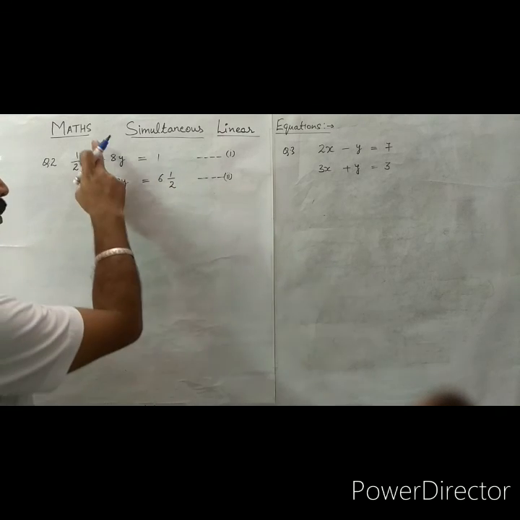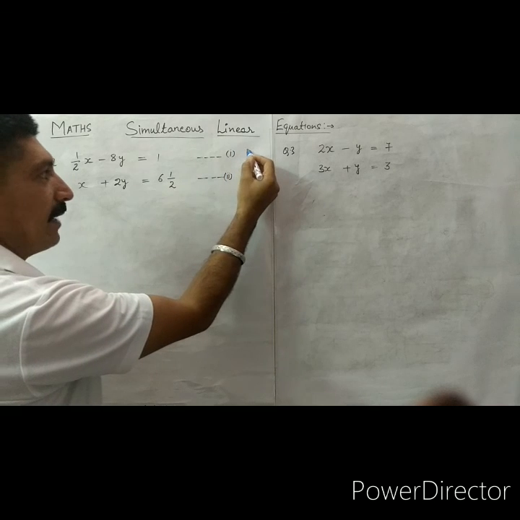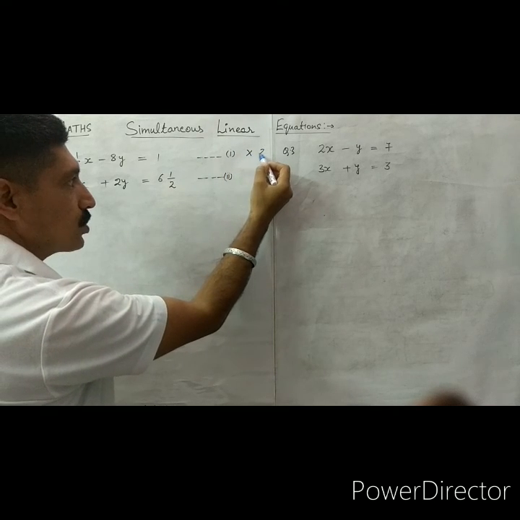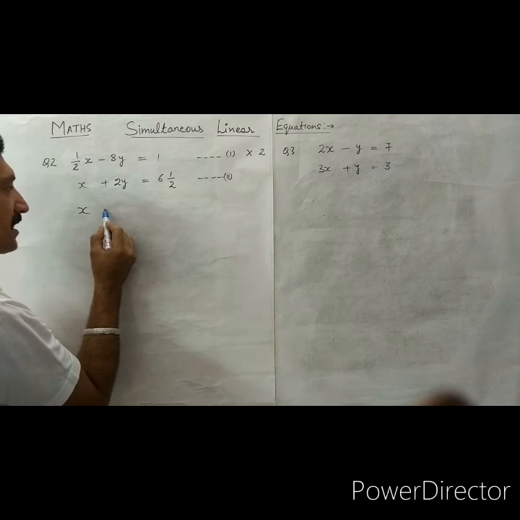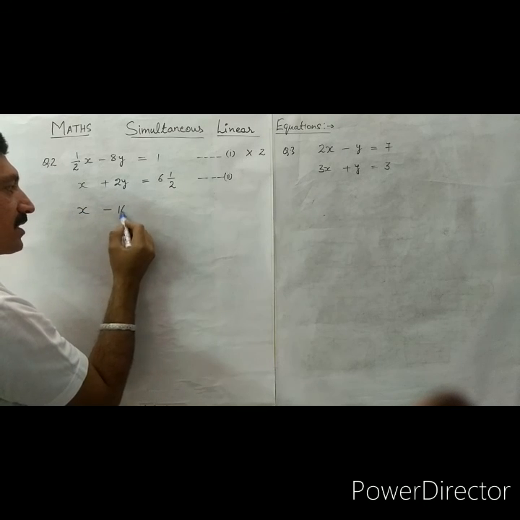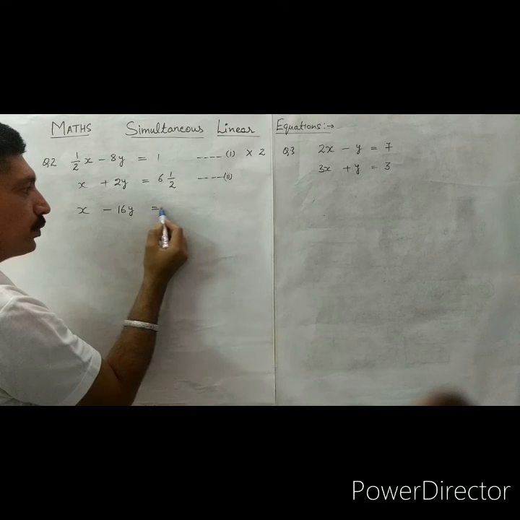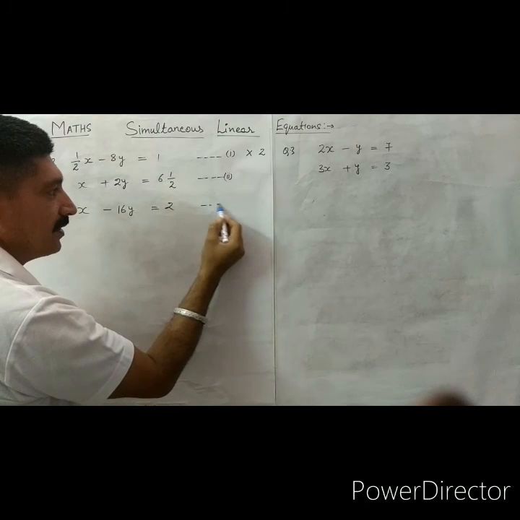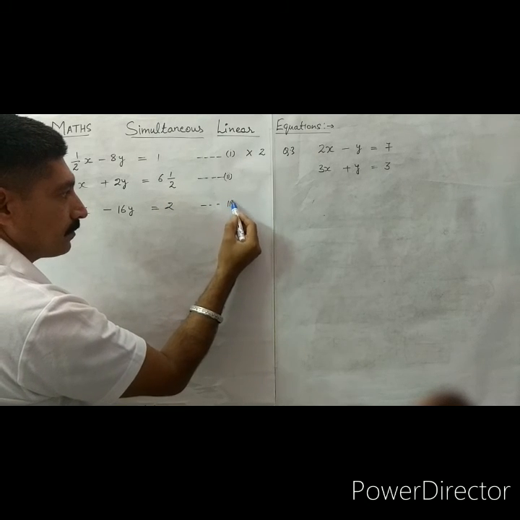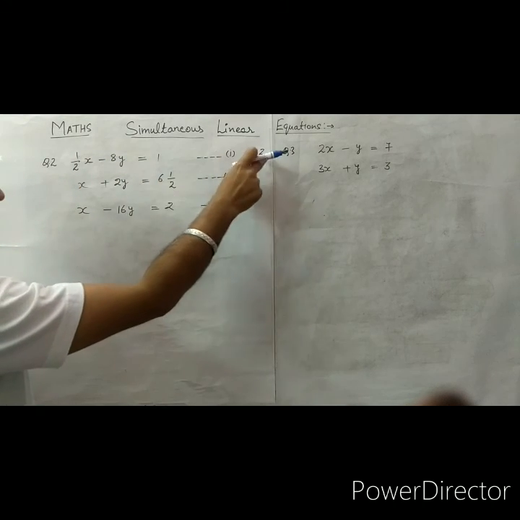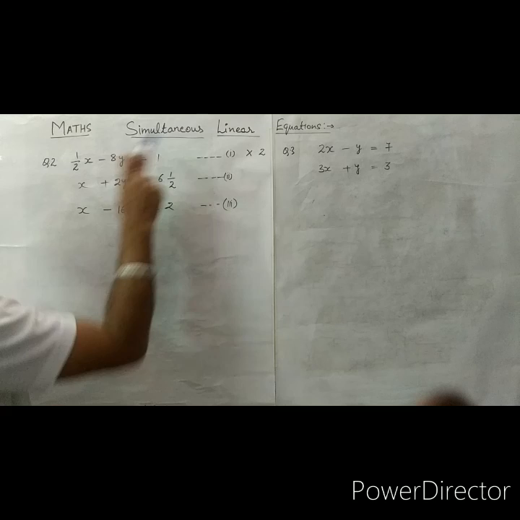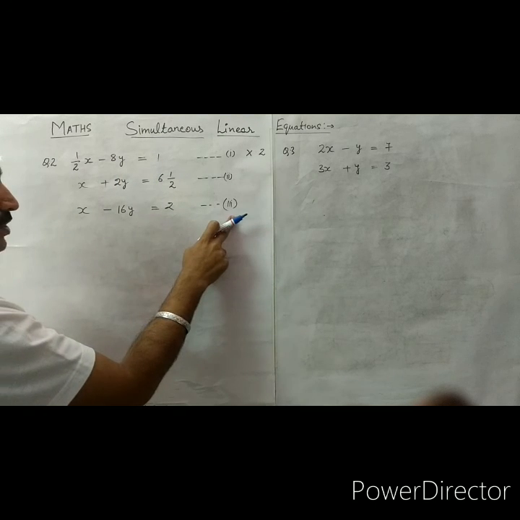Multiplying equation 1 by 2, we get x minus 16y is equal to 2. That is equation number 3. We have multiplied the first equation throughout by 2, both left hand side and right hand side. So we get the third equation.